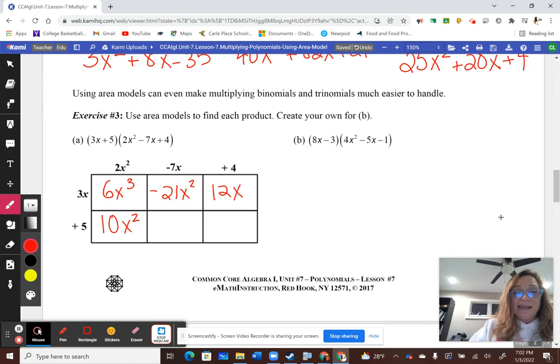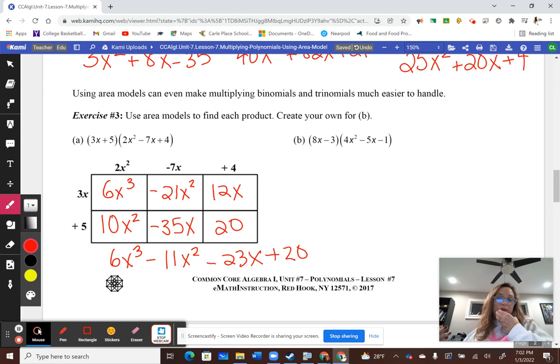And again, you'll see the like terms along the diagonal. 7 times 5 is 35. And 5 times 4 is 20. So again, you get the like terms along the diagonal. And there you go. You get a nice, wonderful polynomial answer.